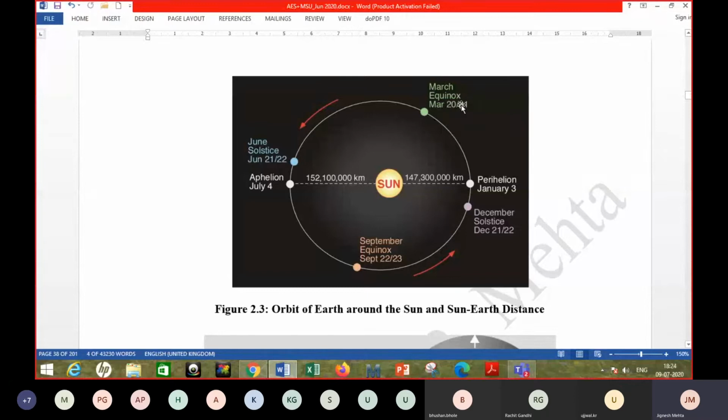It is also called the spring equinox or vernal equinox, right? Because now the spring will start; from March onwards it's the spring season.